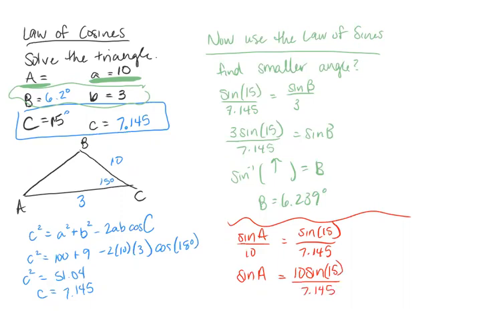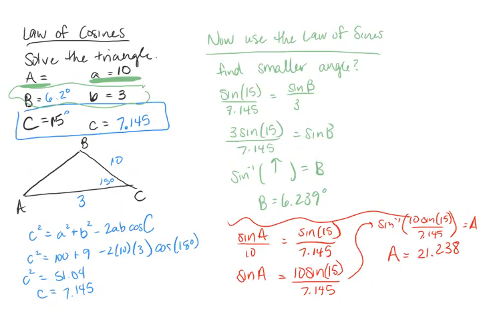Now when you do this, you'll do sine inverse. So you would have sine inverse of 10 sine 15 divided by 7.145. This is going to equal A. When you do that, A is going to equal 21.238, which as you go to put that into your other stuff, you'll recognize, well, that's not nearly big enough.